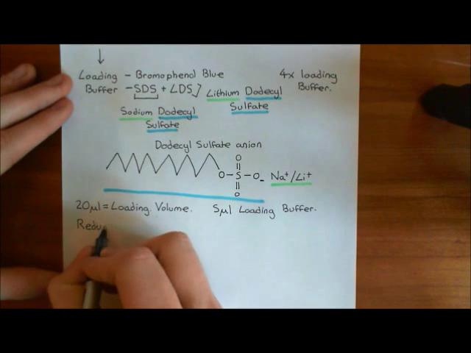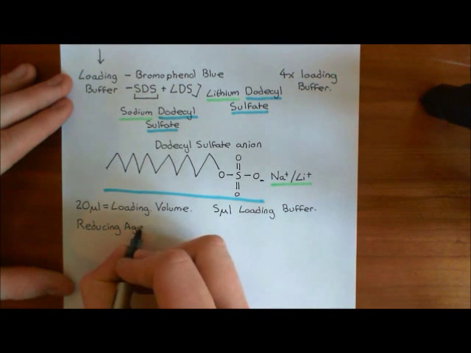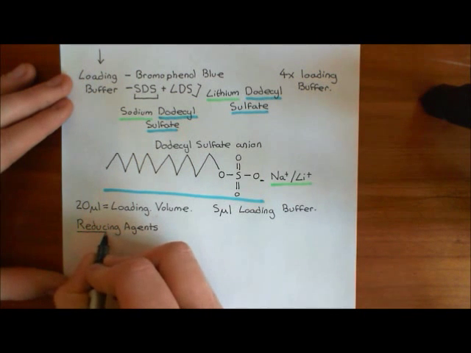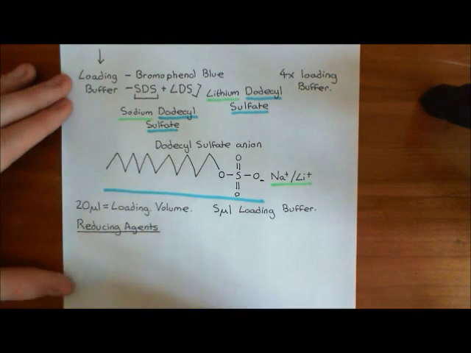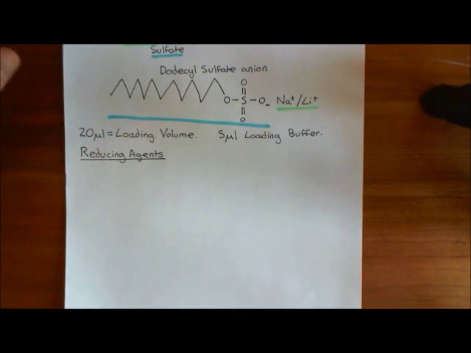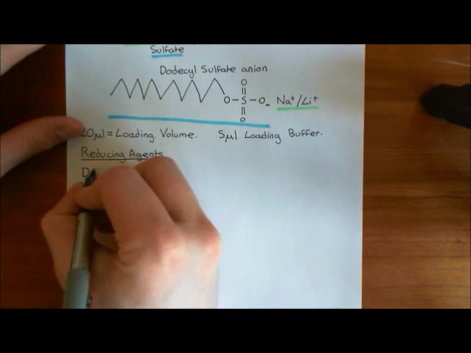So there are 2 reducing agents which are commonly used, and these are DTT and beta-mercaptoethanol. We're going to discuss DTT, but we'll also discuss beta-mercaptoethanol because DTT is more commonly used. It's a nicer one than beta-mercaptoethanol.